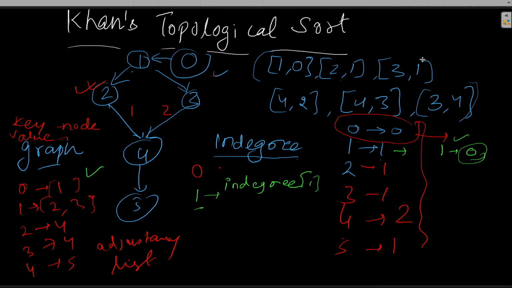Our output will start with the node which has zero dependency, which is node 0 here. Whenever the in-degree of any neighbor becomes 0, we will put that neighbor into our queue. So we are essentially doing a breadth first search approach here.